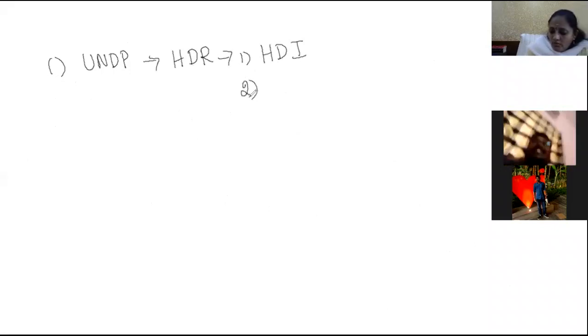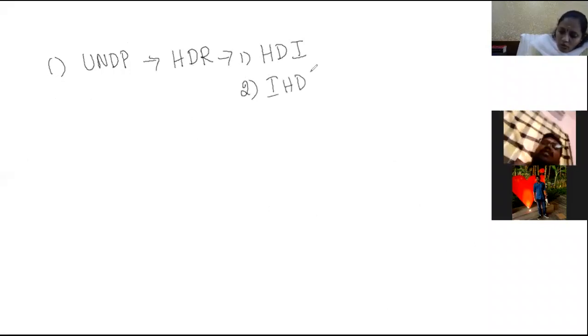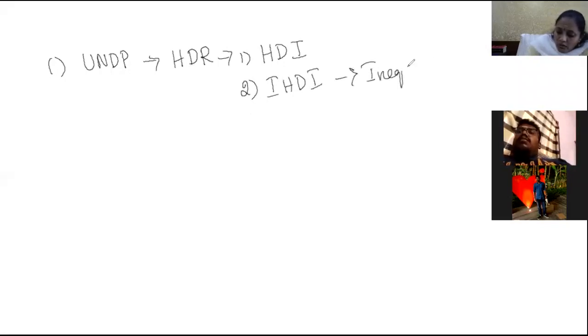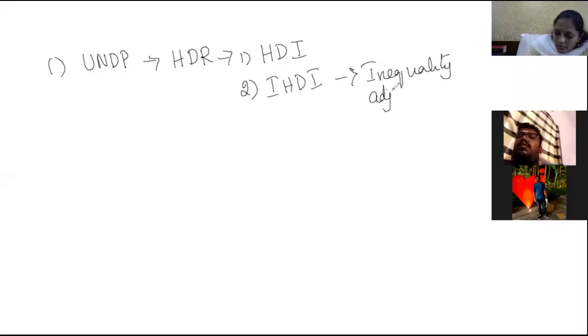Along with this HDI, there are four more indicators which the Human Development Report is going to give you. The second one is called inequality adjusted HDI. Third is the gender development index.